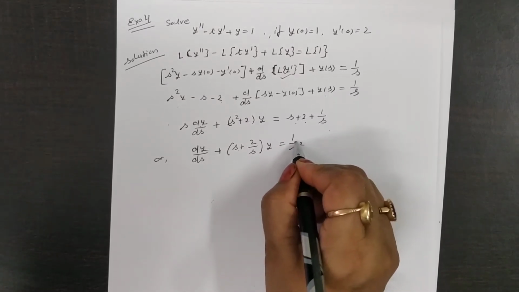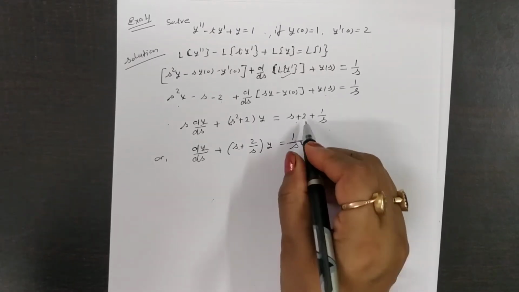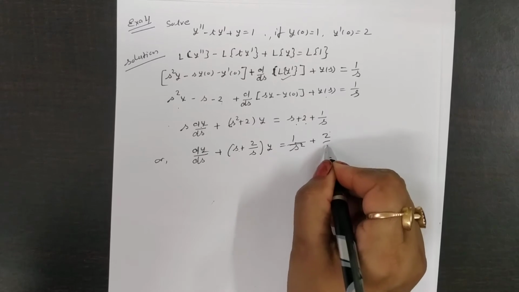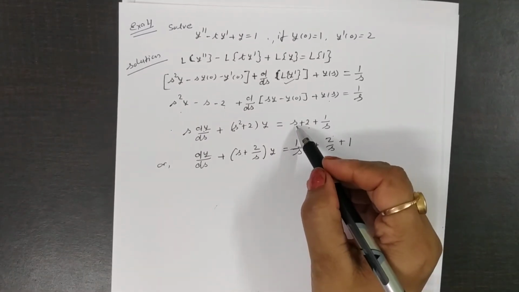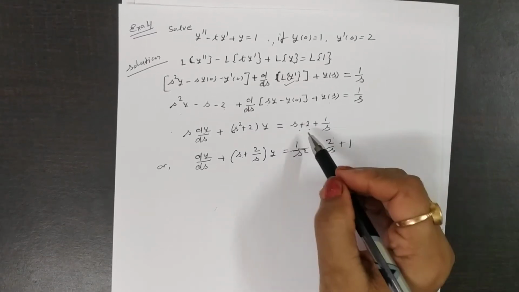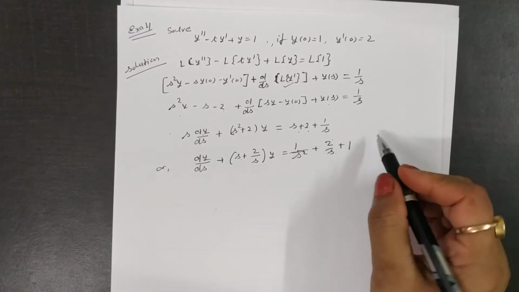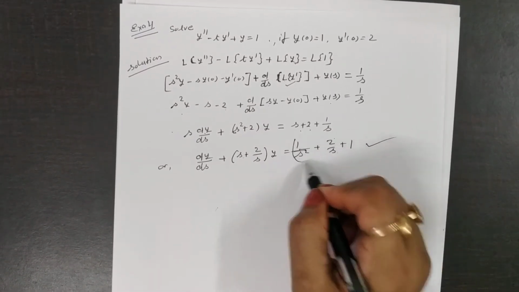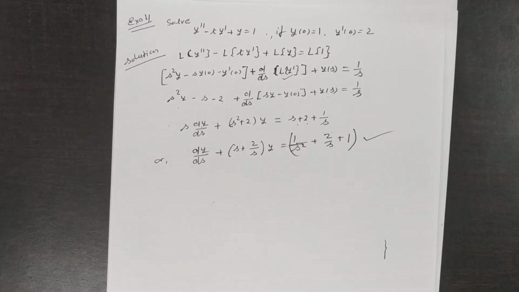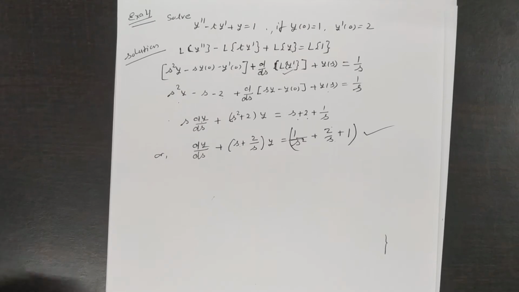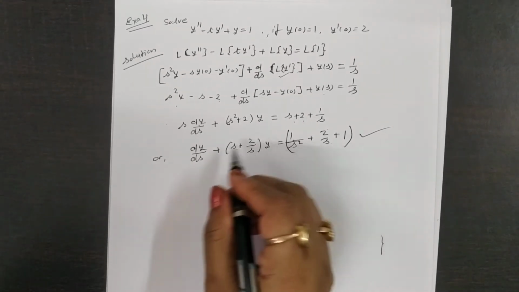Dividing by s, this is 1 plus 2 by s, plus 1 by s square. Yes, this is the equation, the form of this differentiation. This equation is of the form of a linear differential equation.